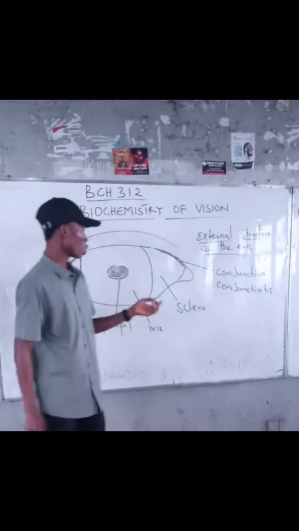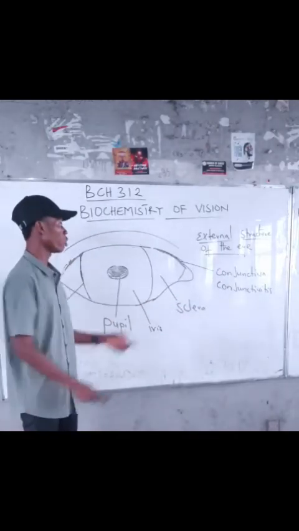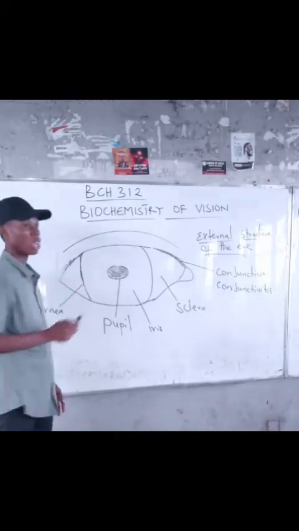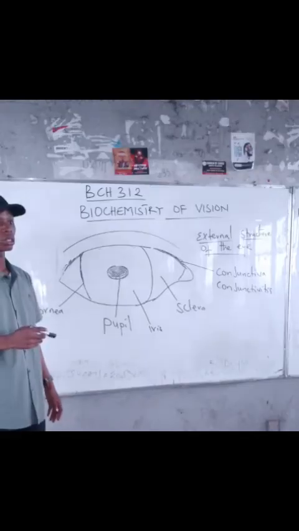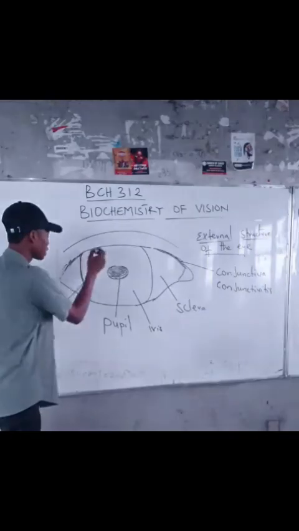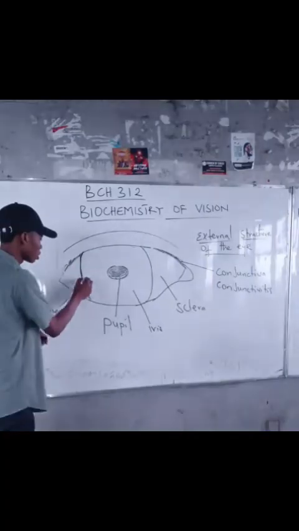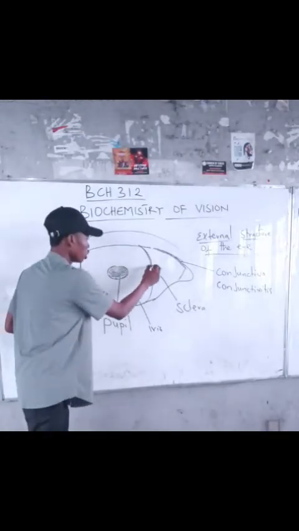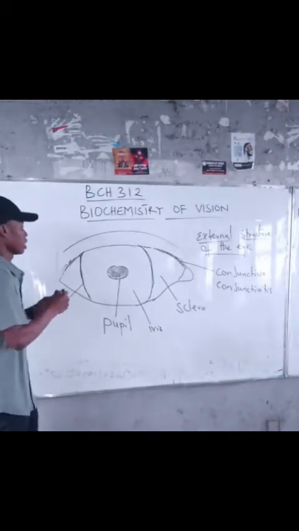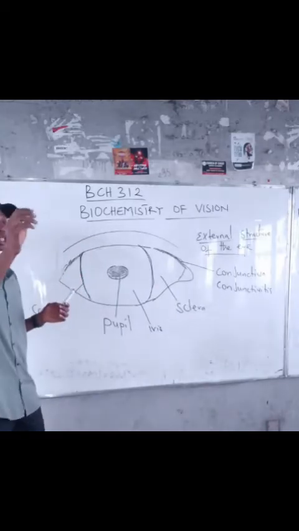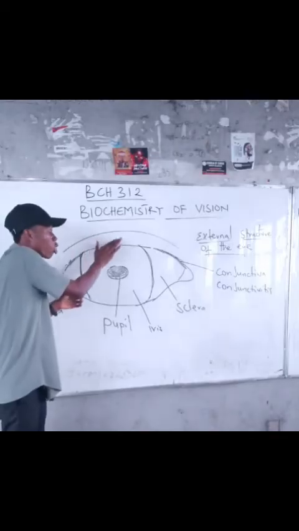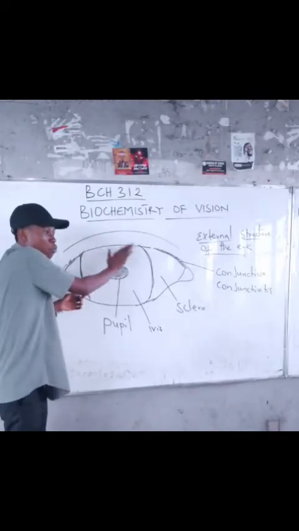We get that? So we see the sclera as the white part of the eye. We also see the conjunctiva lining the white part of the eye. The next one is what? The cornea. Now the cornea lines the iris. There is a transparent covering on the iris and pupil.